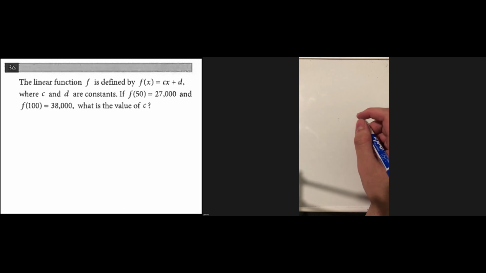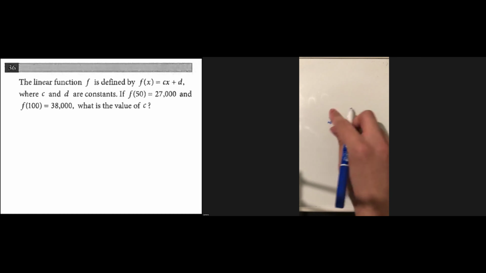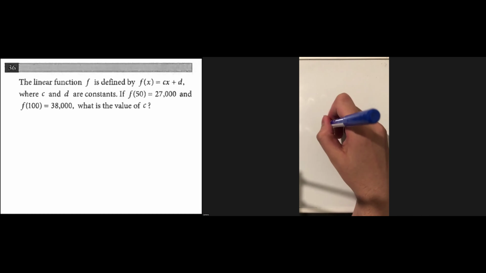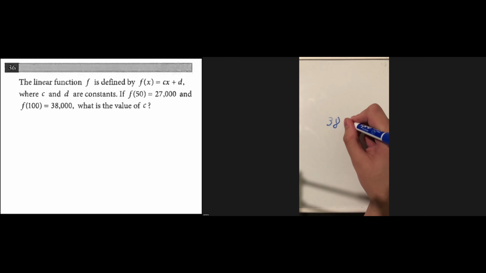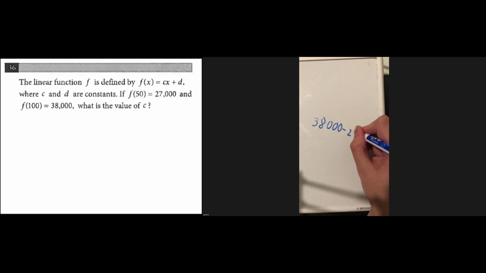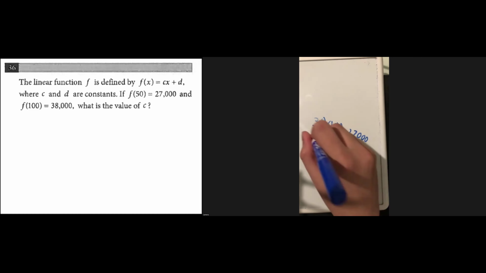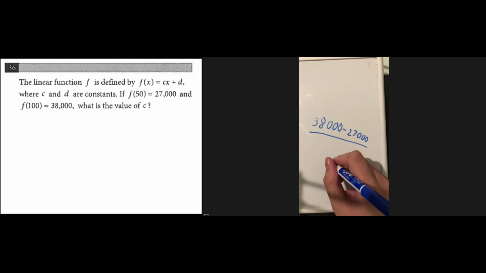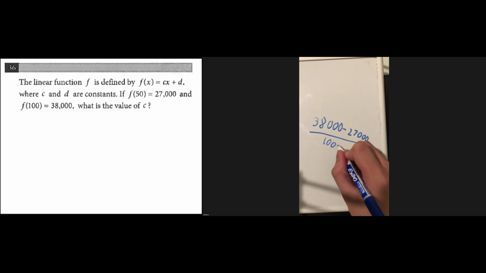And so since we're given the x and y values, we can just find the slope by doing change in y over change in x. So 38000 minus 27000 over 100 minus 50.